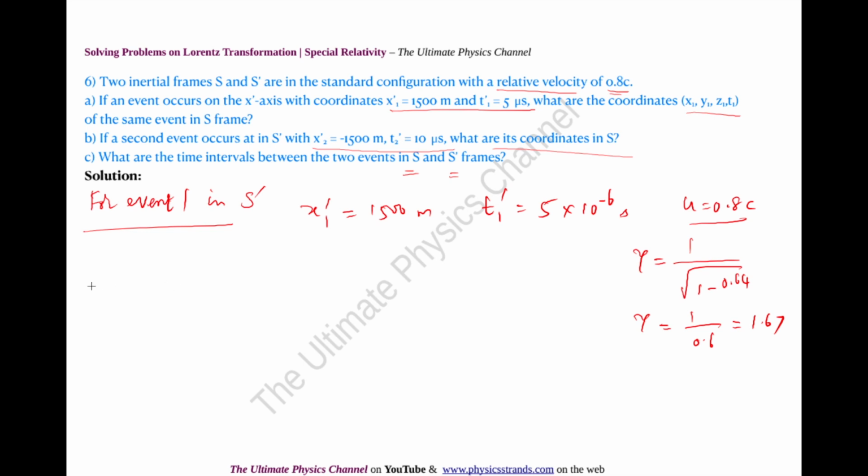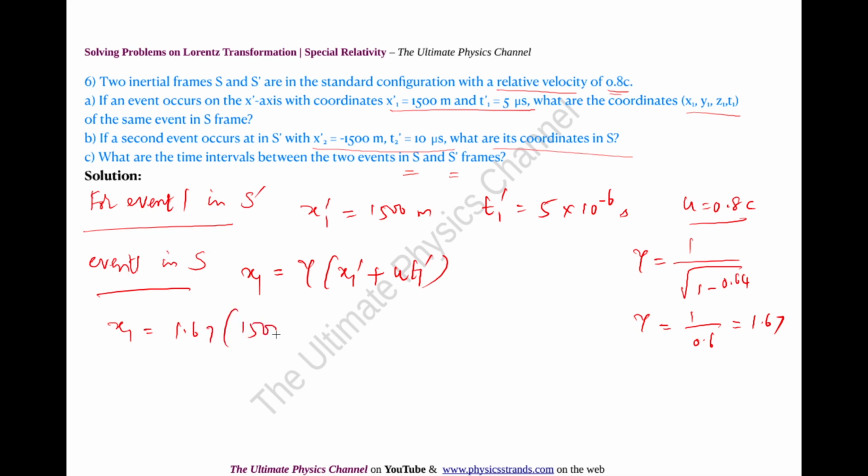Now I want the same event 1 in the S frame. Event 1 in the S frame is x1, which is equal to gamma times x1 prime plus u t1 prime. So x1 is equal to 1.67 times 1500, my x1 prime, plus 0.8 c, so 0.8 into 3 into 10 power 8 as my u, times my t1 prime, which is 5 into 10 power minus 6.